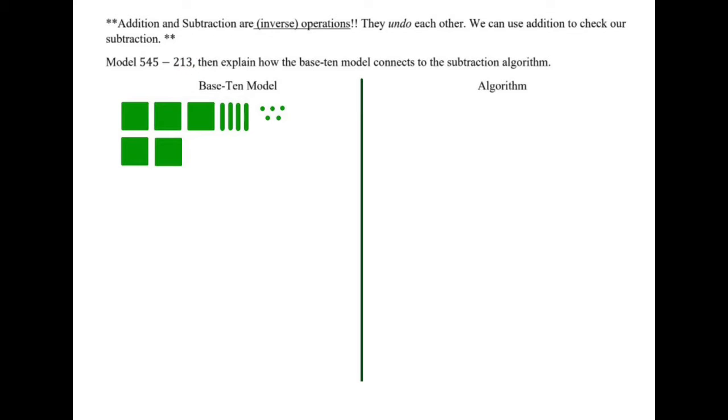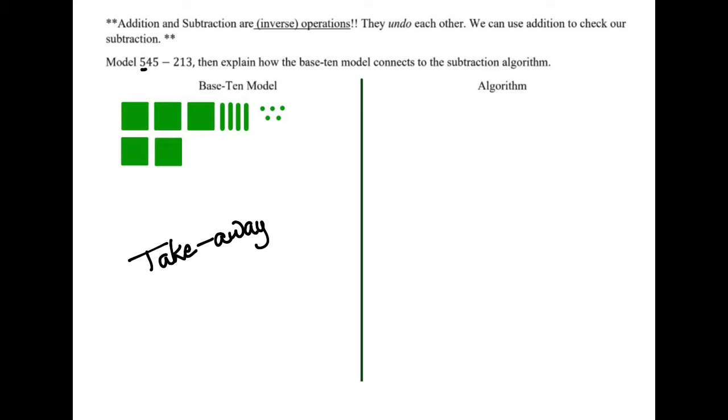Now that doesn't mean in this particular case that I draw two flats and 1 rod and 3 ones, because now how am I going to subtract these? Right? And if you remember what Jose did on the problem before, to subtract means take away, right? So we're actually going to take them away from what we started with.